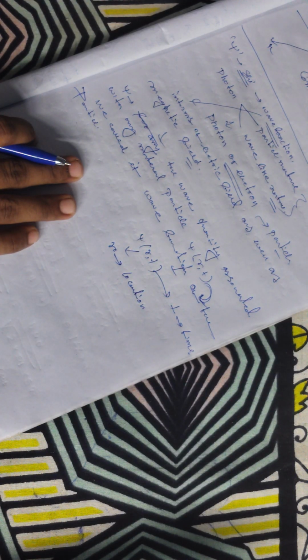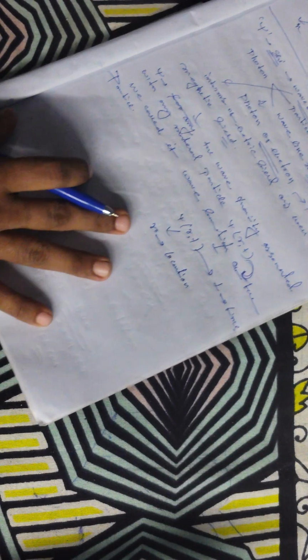So the connection between the wave function and the probability of finding the electron here or there is called Born's interpretation of the wave function.